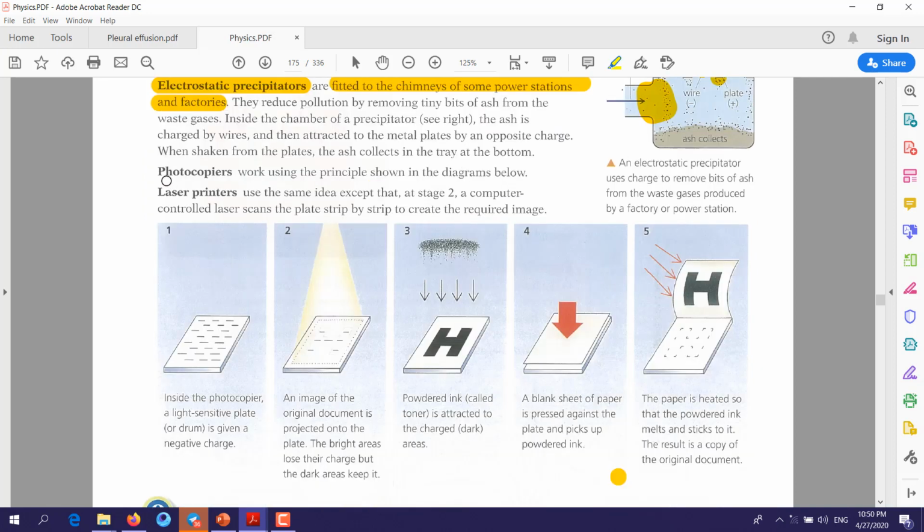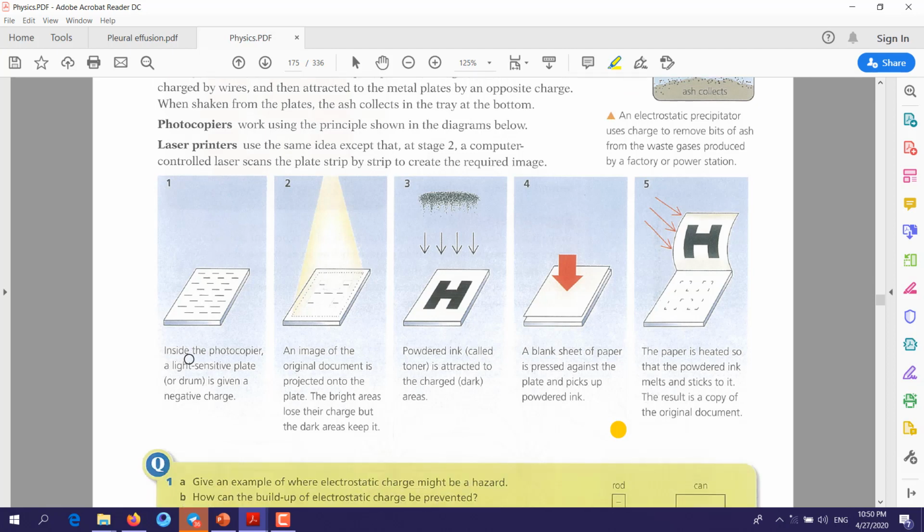The second example, or second use, is photocopiers. Photocopiers are like printers. How do they work? Here is the principle. Number one, inside the photocopier, a light sensitive plate is given a negative charge.